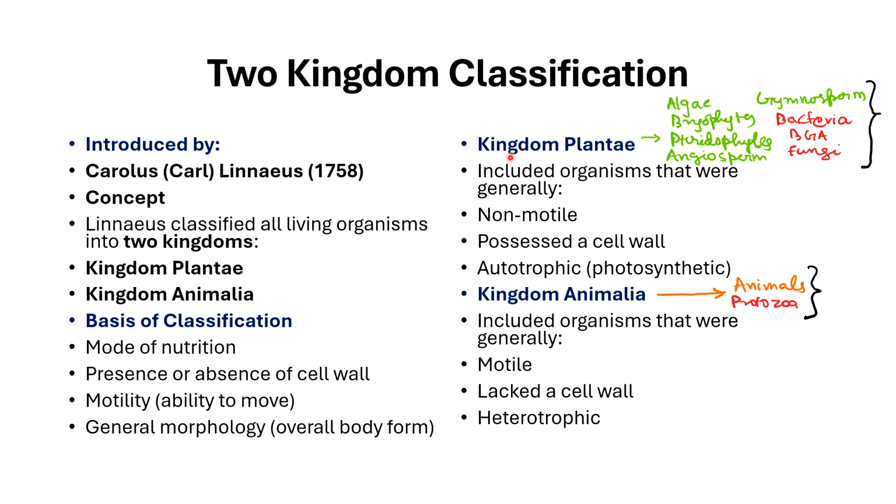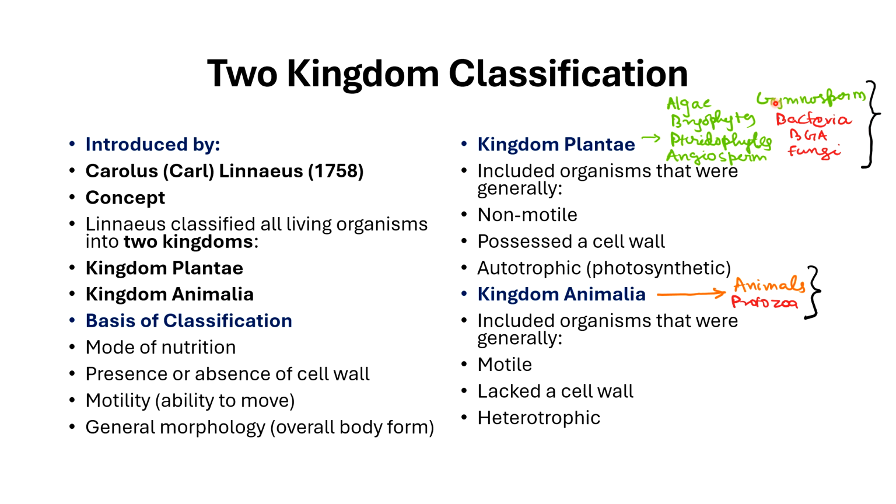So what happened? Kingdom Plantae included algae, bryophytes, pteridophytes, gymnosperms and angiosperms, because they were autotrophic, or able to prepare their own food. They had a cell wall and were non-motile. But along with these, bacteria, blue-green algae and fungi were also placed. Why were bacteria, blue-green algae and fungi placed there?